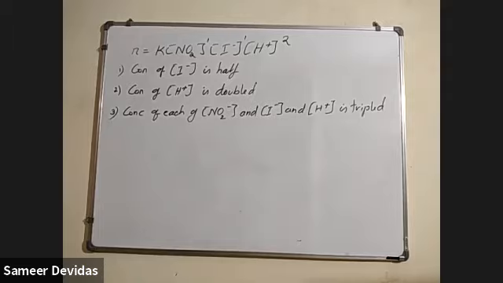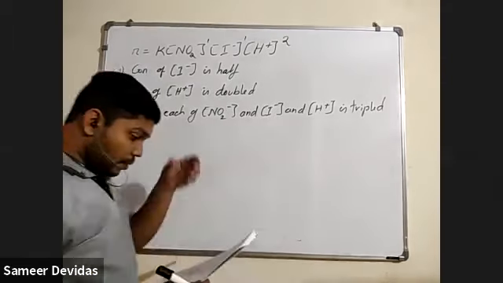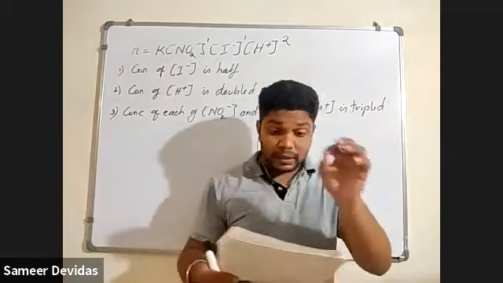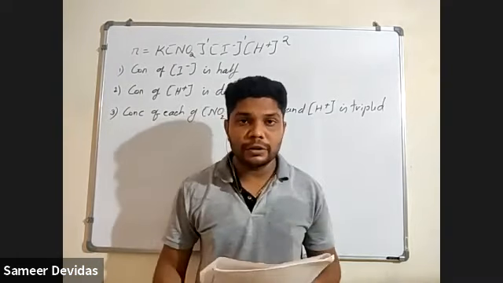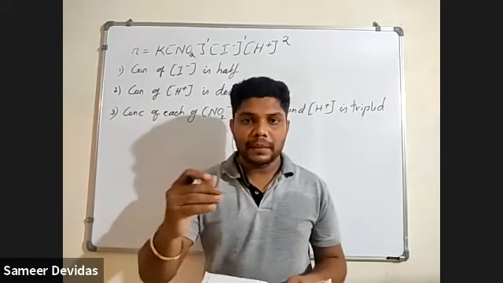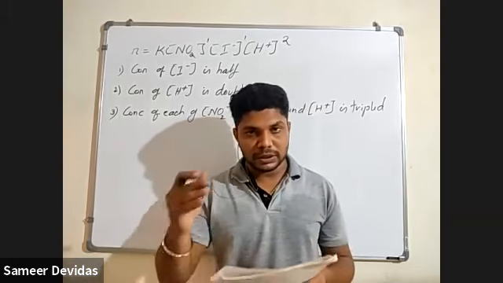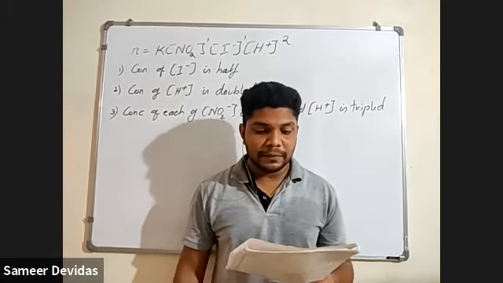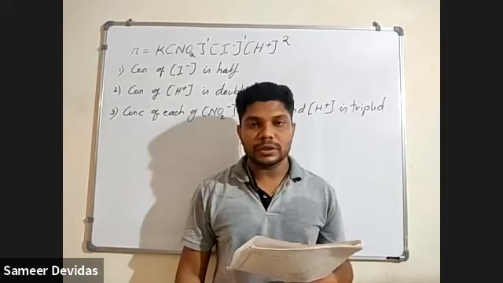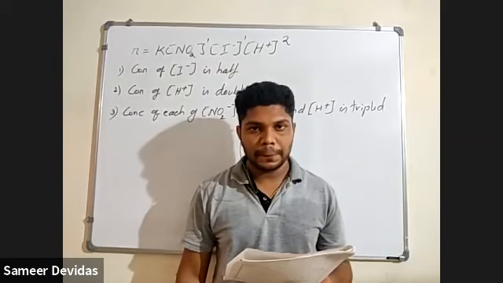Now, the definition of rate constant I have told you. Now, which are the important things I will tell? Use the notes now, because this is a little bit of theory.